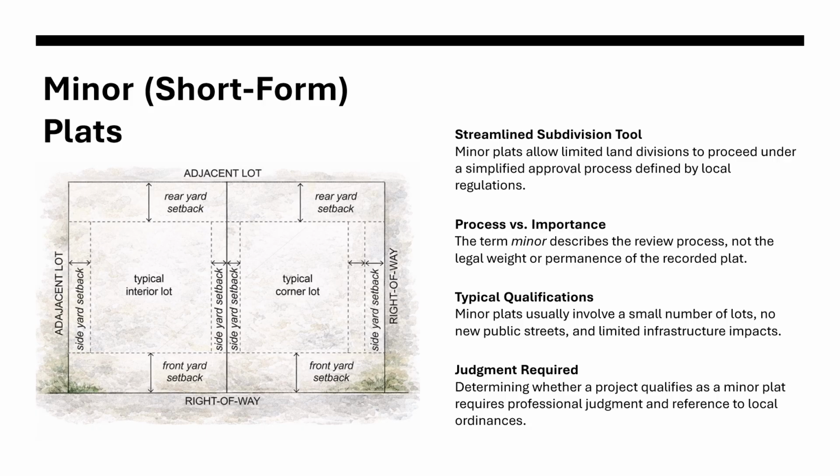They require knowing when a streamlined process applies and when it does not. Submitting a non-qualifying project as a minor plat does not speed things up. It just signals inexperience. Understanding short form plats is not about finding the fastest approval path. It's about choosing the correct legal tool. Used properly, minor plats improve efficiency without sacrificing clarity. Used poorly, they create delays, rejections, and distrust.